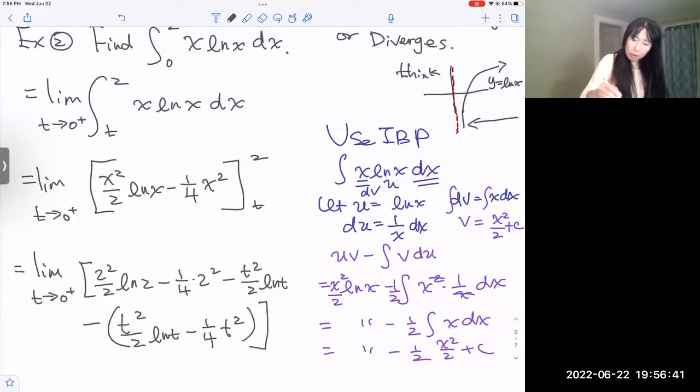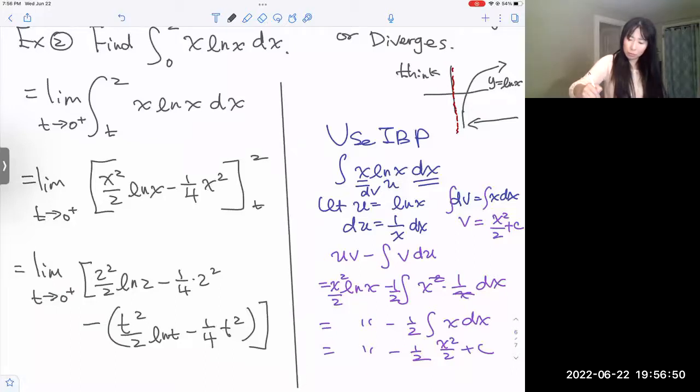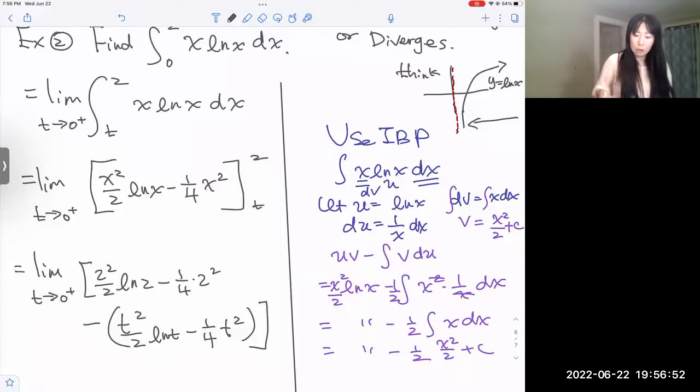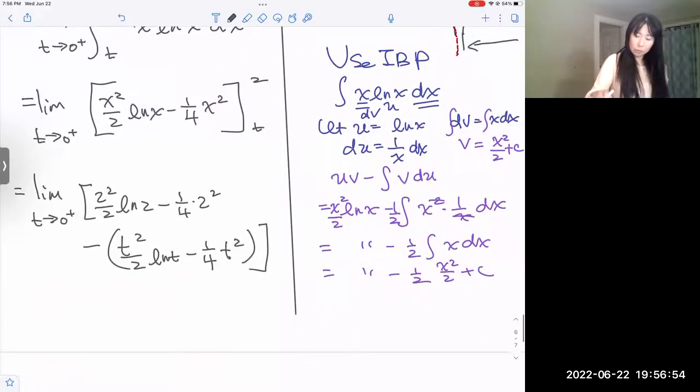Okay. Let me erase this part. I know the left term is a constant, right? So let us do that later.